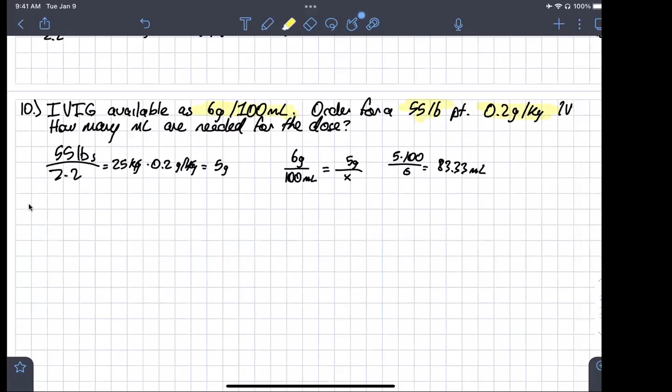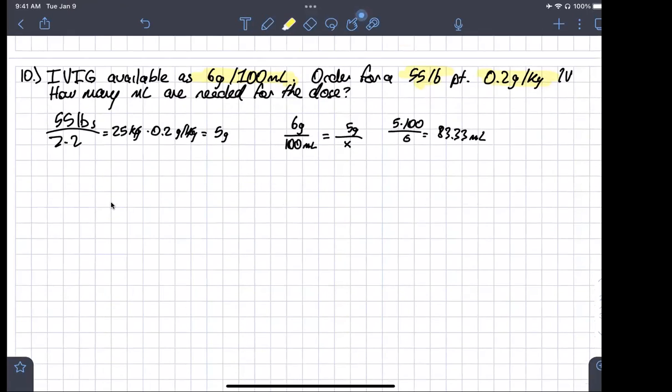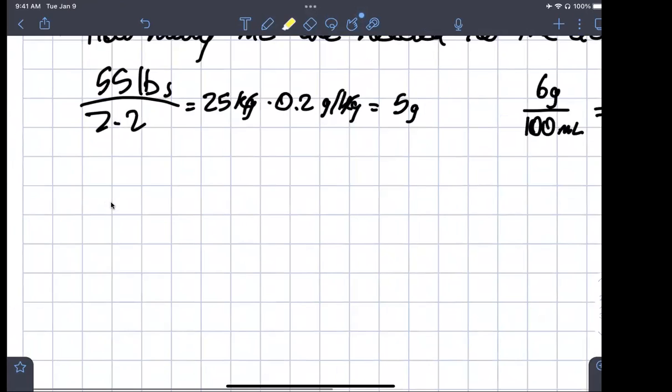That is all on weight-based. And now we're going to do the dreaded drip rate. Okay. So we're going to do number 7 on drip rate. So I'm going to write the problem first.